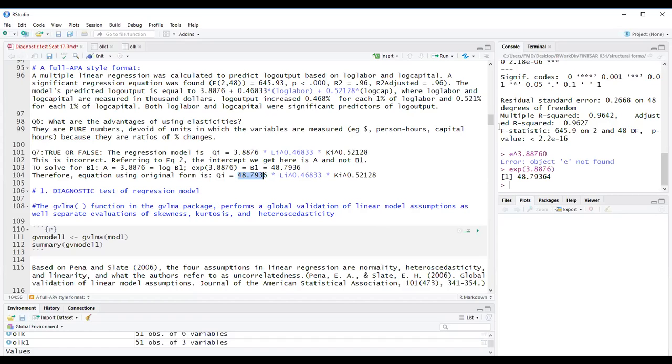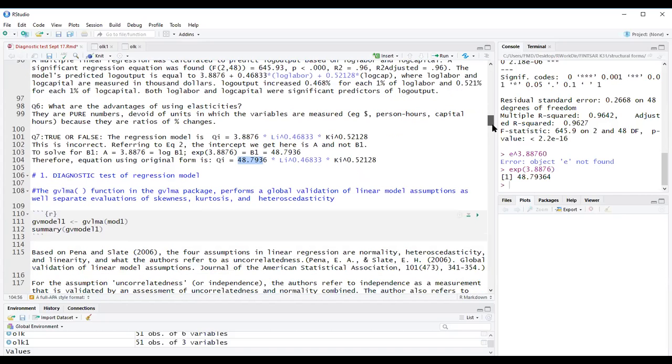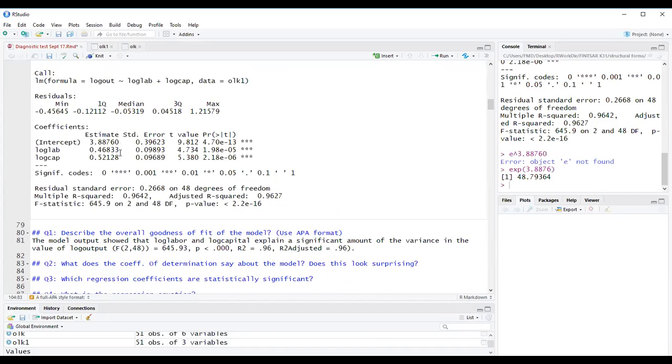All right. So tuloy natin yung model natin. Ano yung model natin, guys? Log Q is equal to 3.8876 plus 0.46833 log labor plus 0.52128 log capital plus your error term.